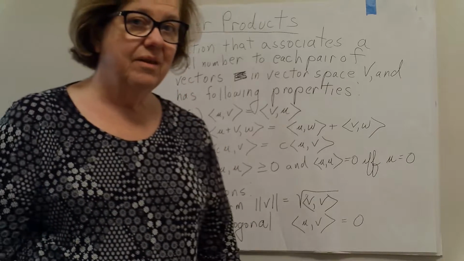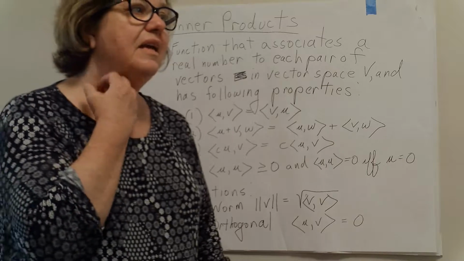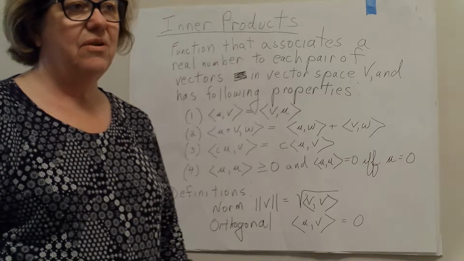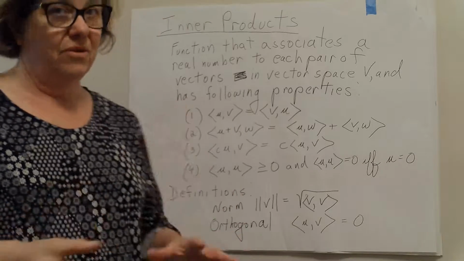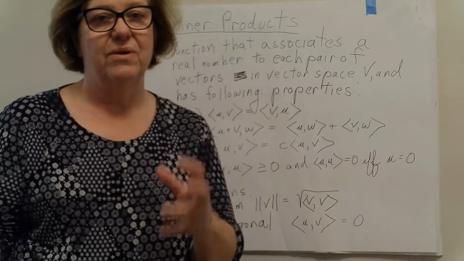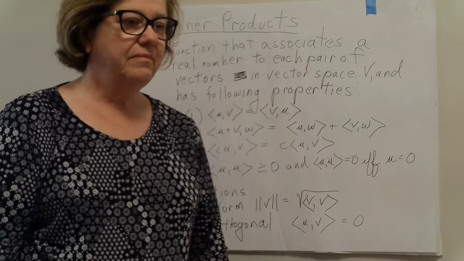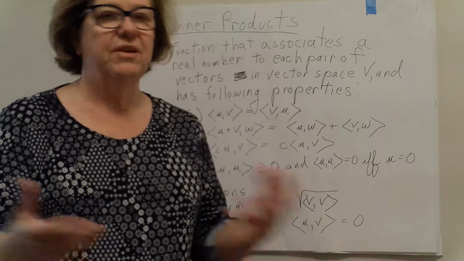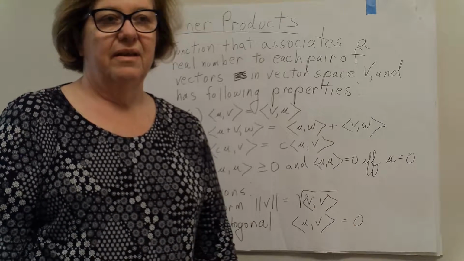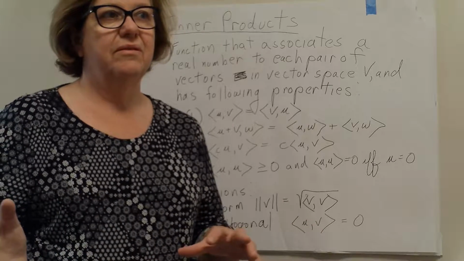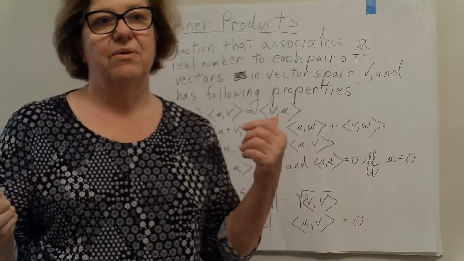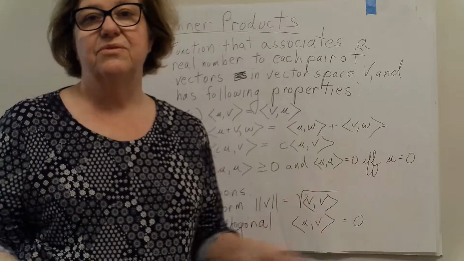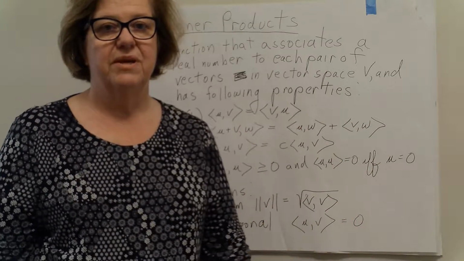So now we're going to look at inner products, which are a generalization of the dot product on the good old vector spaces R2, R3, and so forth. So we want to generalize dot product so that we can apply it to vector spaces with polynomials or matrices or functions or anything, as long as it's a vector space.